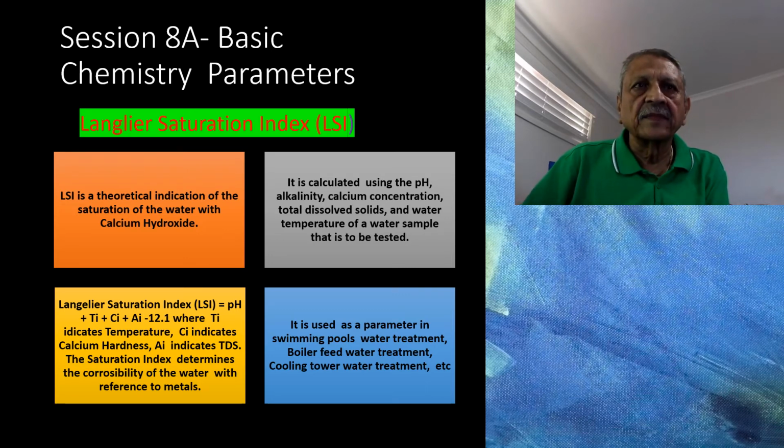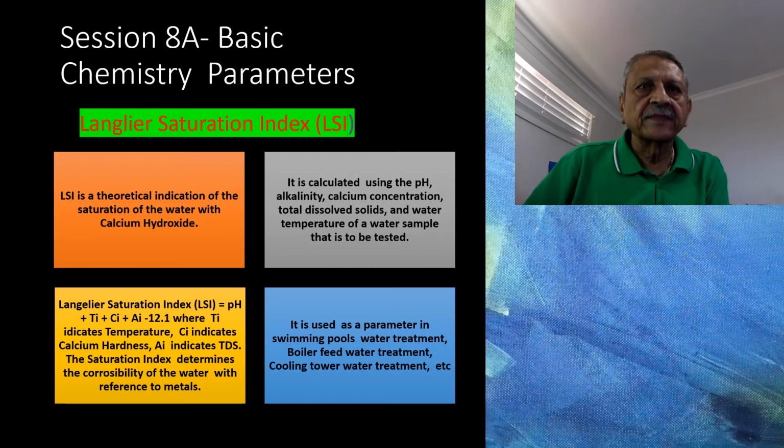There is an equation for determination of the LSI, that is equal to the sum of pH, Ti, Ci, Ai, minus 12.1, where Ti indicates the temperature, Ci indicates the calcium hardness, Ai indicates TDS, and the saturation index determines the corrosibility of the water with reference to metals.